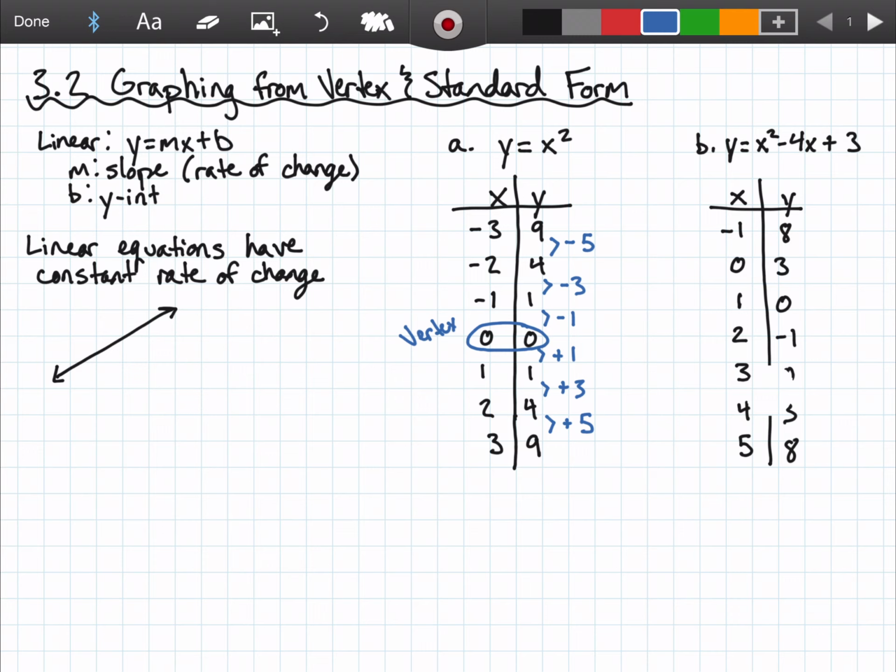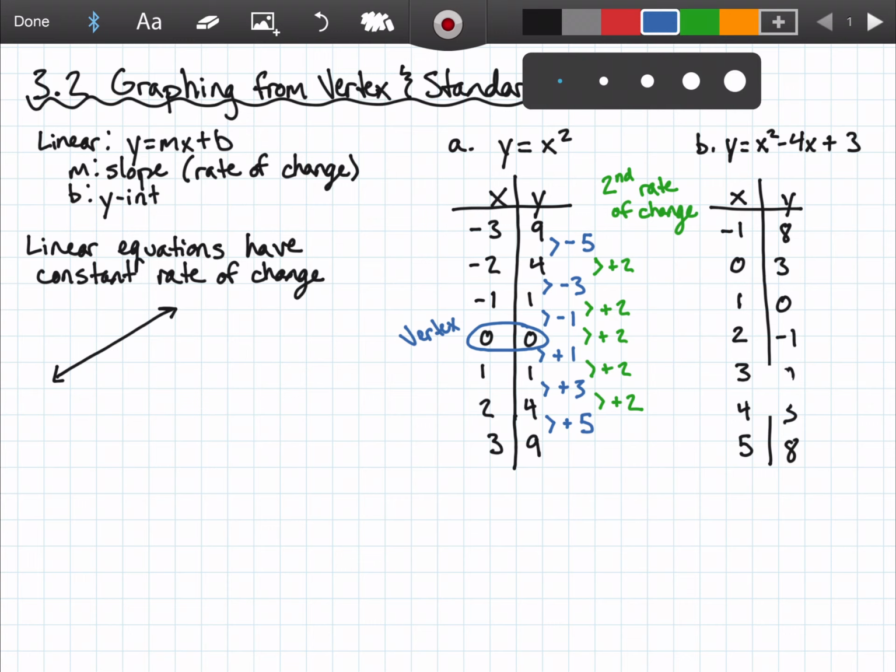And as some people were noticing in class today, those amounts are increasing by 2 every time. So that's interesting. The rate of change was not constant, but this column, that's what we call the second rate of change. And the second rate of change is constant.